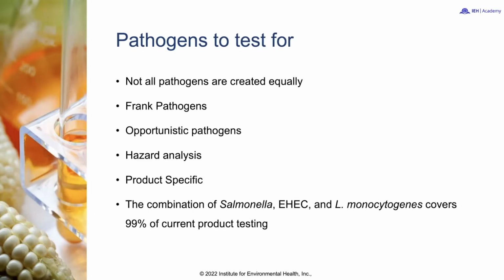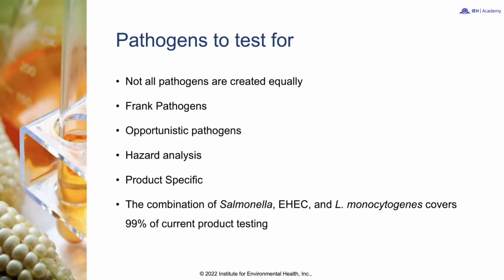Okay, pathogens. What pathogens should we be testing for, either in ingredients or finished product testing? So you probably already know that pathogens are not all the same. We have what some people call frank pathogens, or what I would call a true pathogen.